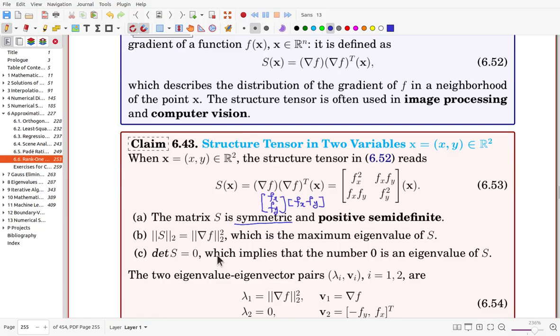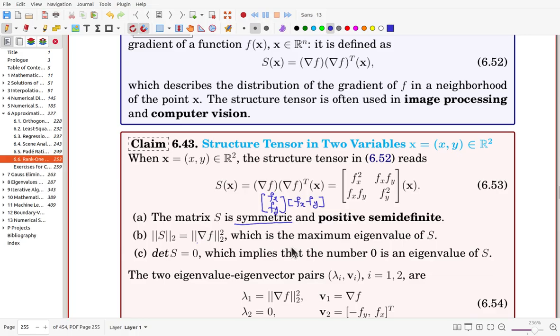Now, here the 2-norm of the structure tensor, the matrix, is the same as earlier. We already know that. That is a rank 1 matrix, and the 2-norm of the matrix is this vector norm times this vector norm, but they are the same, so it is the gradient of f 2-norm squared. That must be the maximum eigenvalue of the matrix.